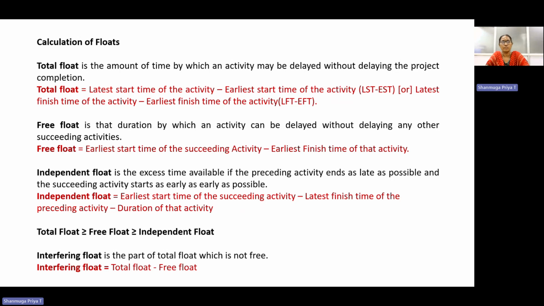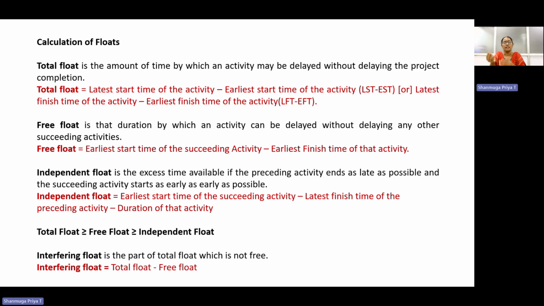Before calculation of float, we want to know about the different types of floats. Usually in a network, we have considered four types of floats. One is total float, second free float, independent float, and interfering float. The total float is nothing but the amount of time which the activity may be delayed without delaying the project completion.